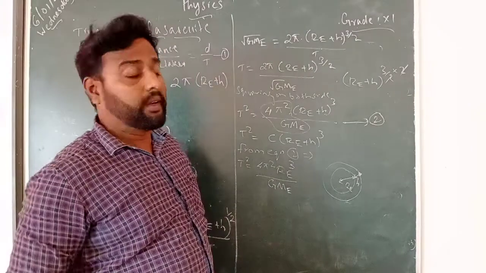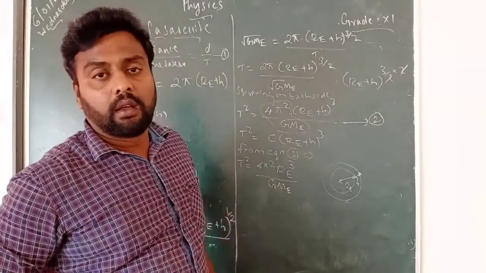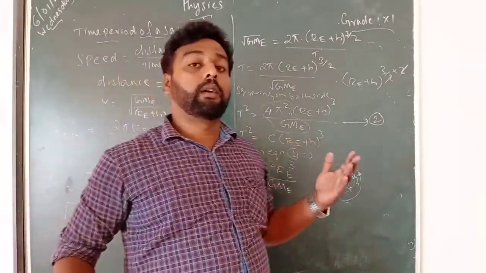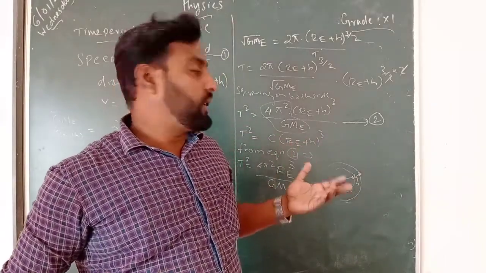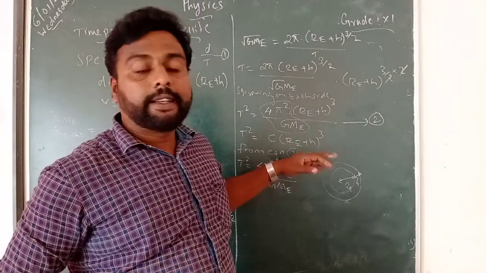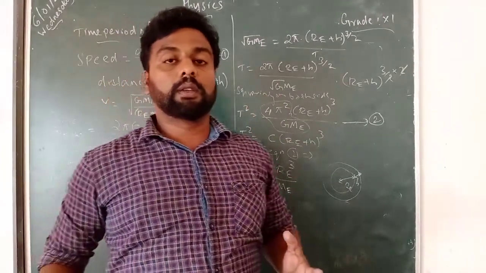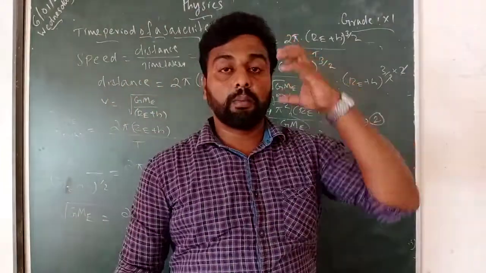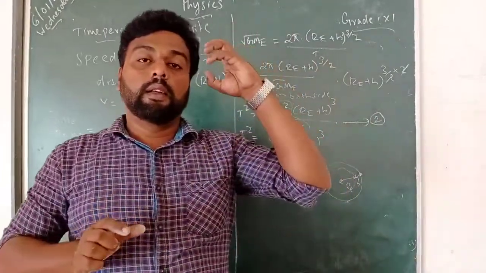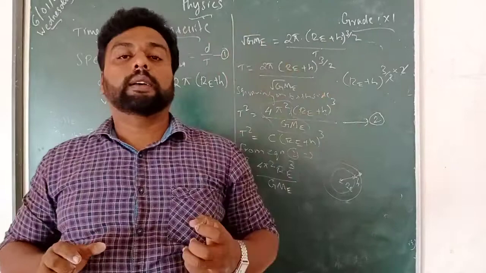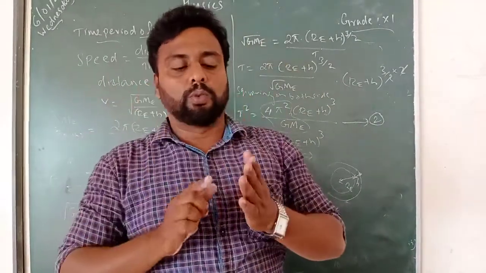This is what neglecting the h, as we did before in the variation of g with altitude and g with depth. This h we can neglect because when we compare the radius of the earth and the height of the satellite rotating around the earth, the height is very much small.